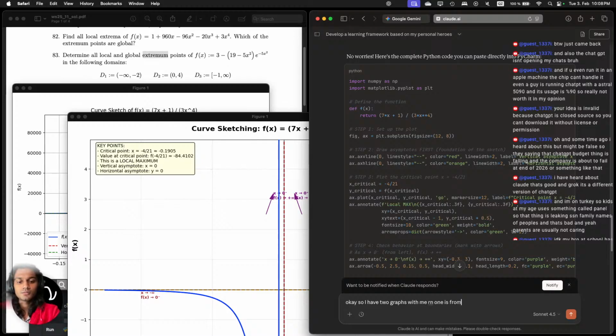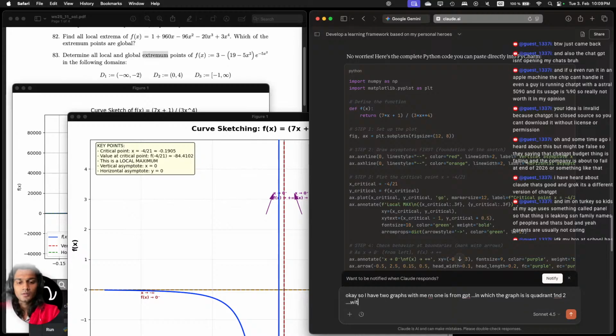One is from GPT, in which the graph is in quadrant 1 and 2, with the vertical top only leading to positive y results.